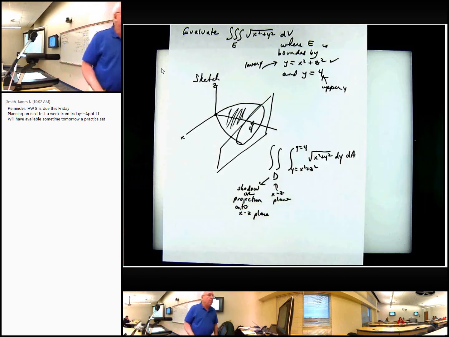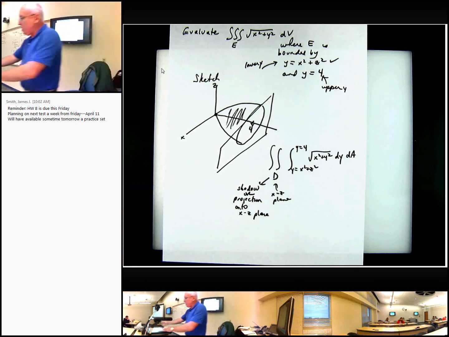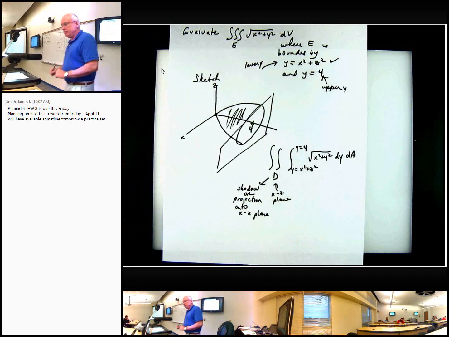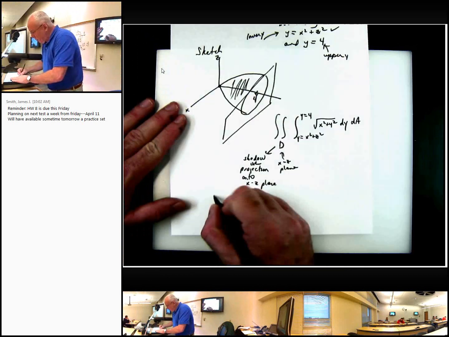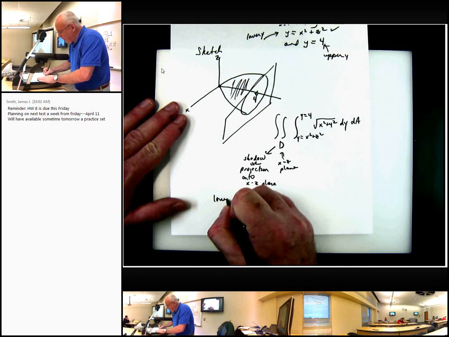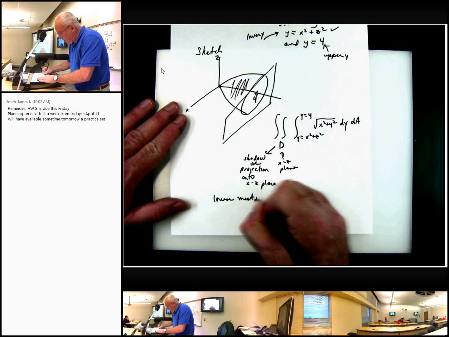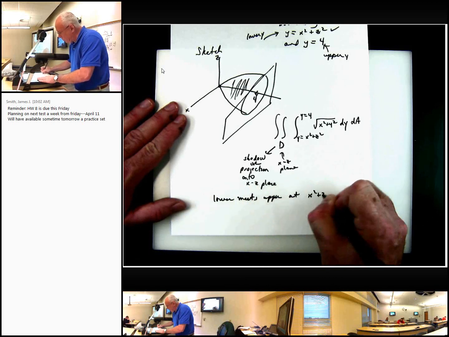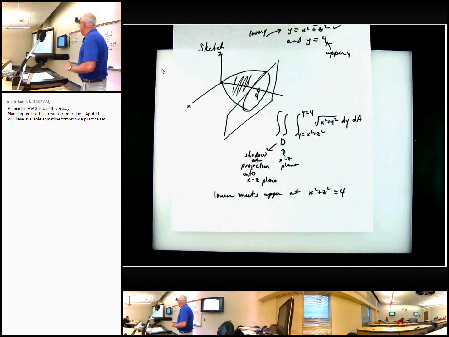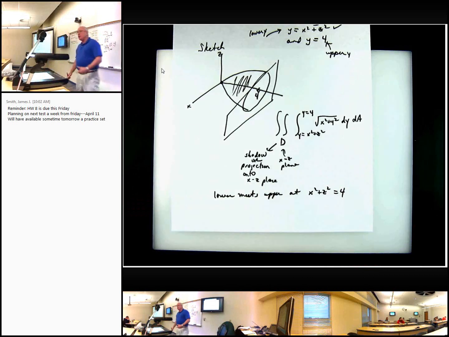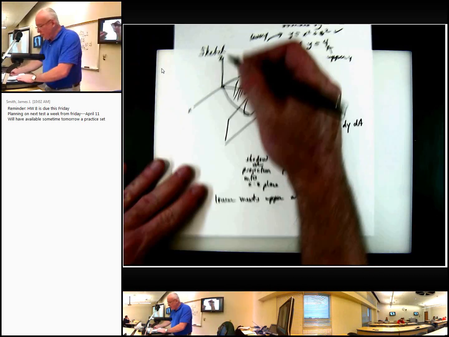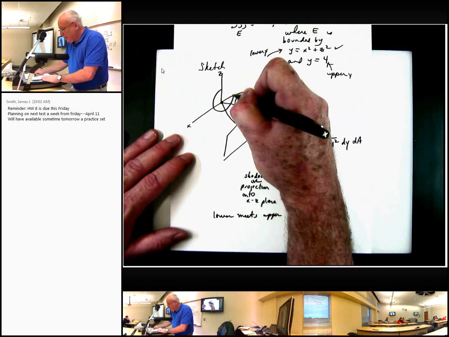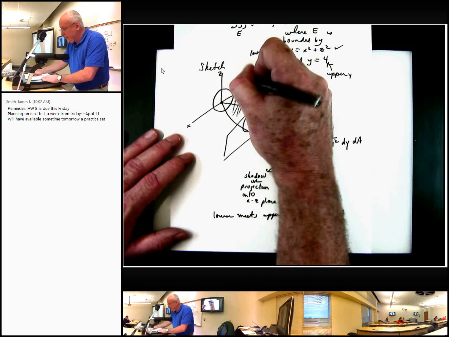So we see where our lower meets our upper: the lower meets the upper at x squared plus z squared equaling 4. And that's going to be our shadow. Down here in the xz plane, we're going to have a circle that is our D.